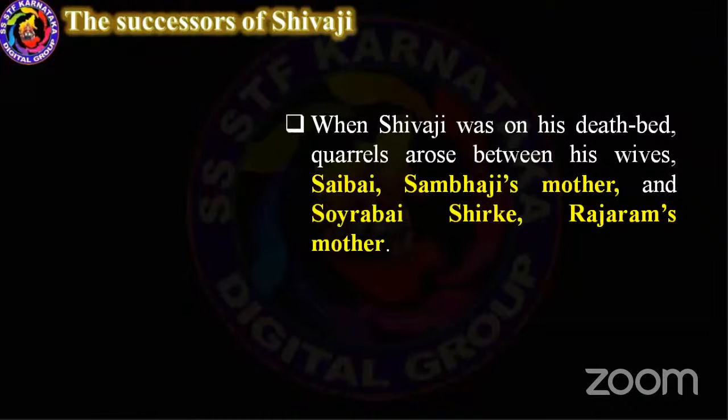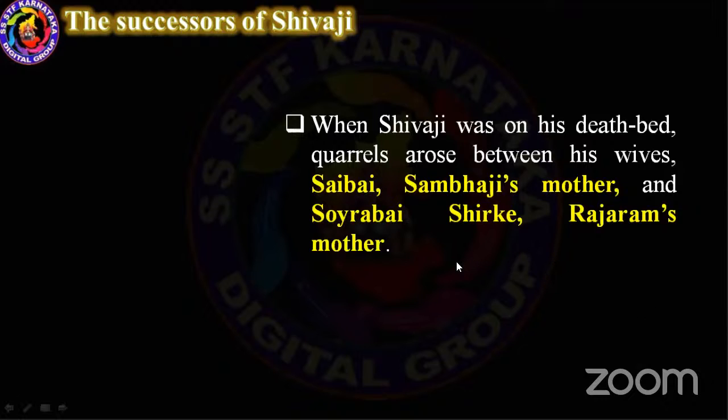When Shivaji was on his deathbed, quarrels arose between his wives, Saibai, Sambhaji's mother, and Soyrabai, Rajaram's mother.